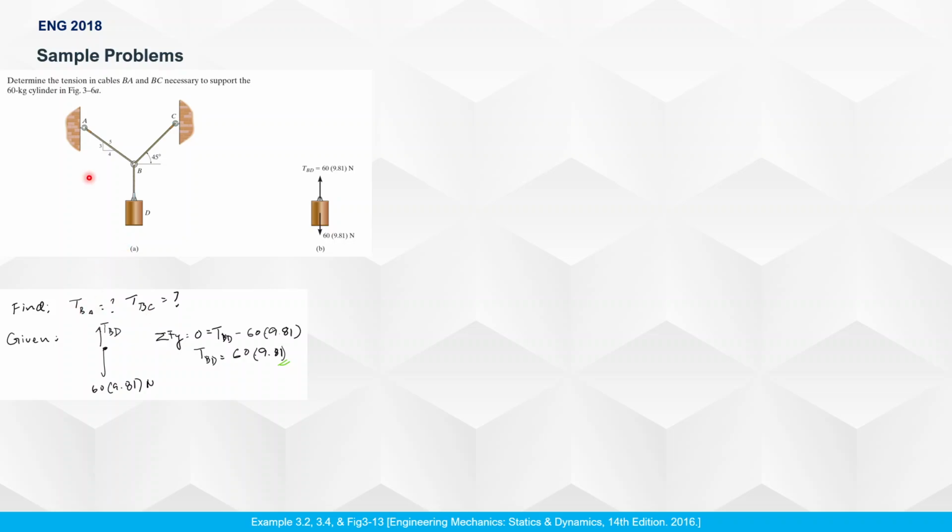So we're here to find the tension at BA and tension at BC. So we are already given this particular FBD, so that we know that the tension at BD here is 60 times 9.81. So ito yung summation of Y forces niya, and this creates an equilibrium rin.